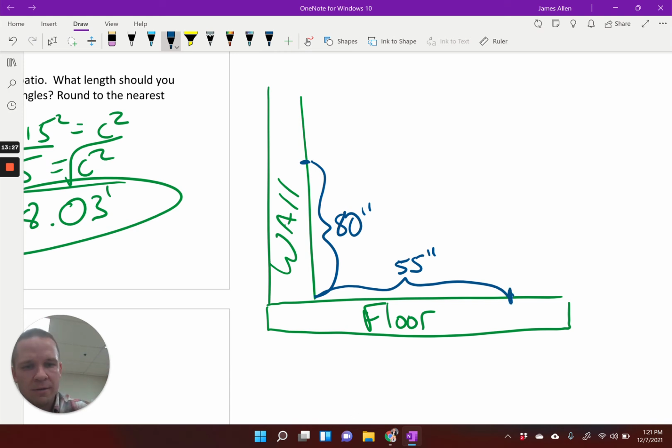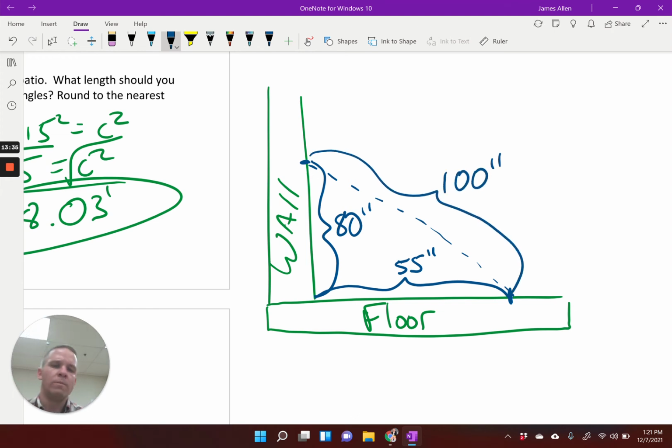I know it's not to scale. And then I'll take my tape here, and let's say I measure 100 inches. Okay. So these are all tape measures. I've marked where I did that so I can create this imaginary triangle, right? And I want to know, is that wall perpendicular to that floor, or is that wall plumb, or do I form a right angle? Those are all the same things, okay?